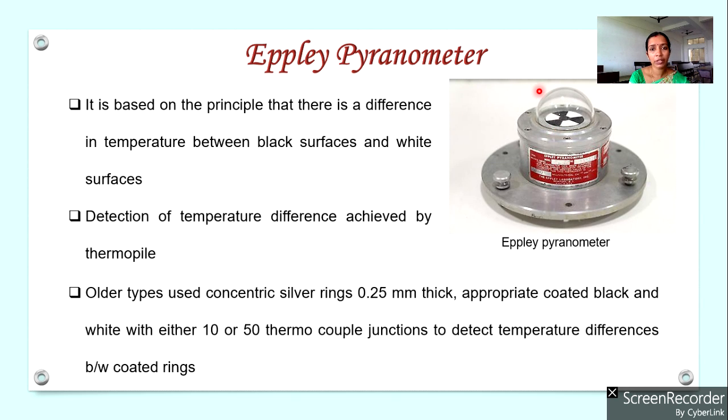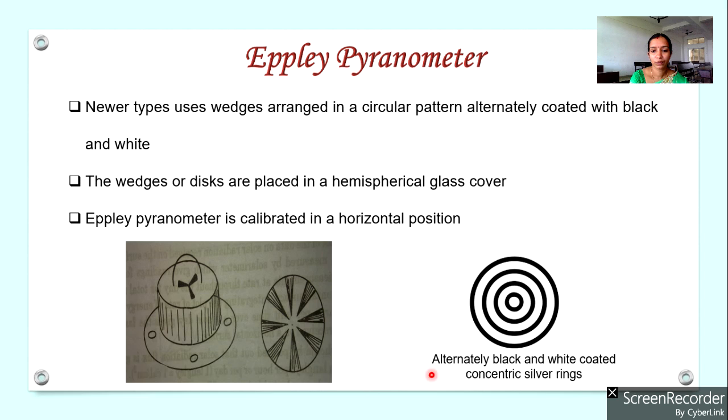And in older type of Eppley pyranometers, the alternate black and white surfaces were in the form of concentric silver rings which are 0.25 millimeter thick and appropriately coated black and white. So this was the sensor used in the older type of Eppley pyranometers.